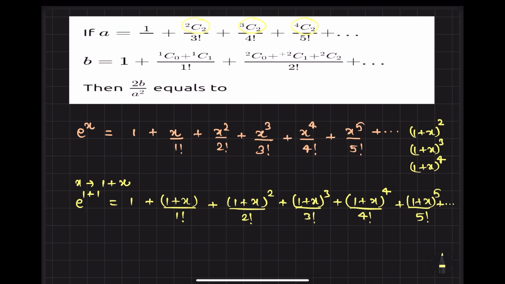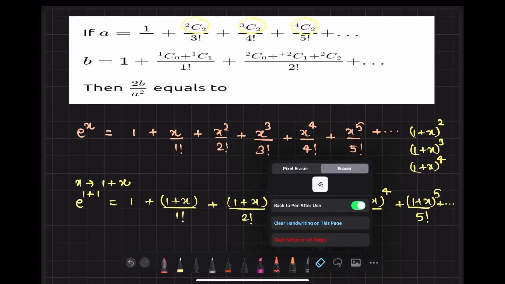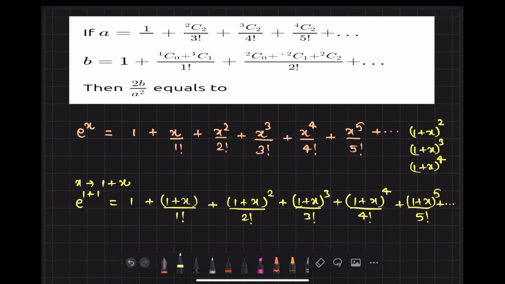Correct? Now we have to handpick one of the things. Suppose we have picked this one, 4c2 by 5 factorial. So in the 5 factorial component, we have to create 1 plus x power 4, and then we have to manipulate. Means here I have to manage power 4.